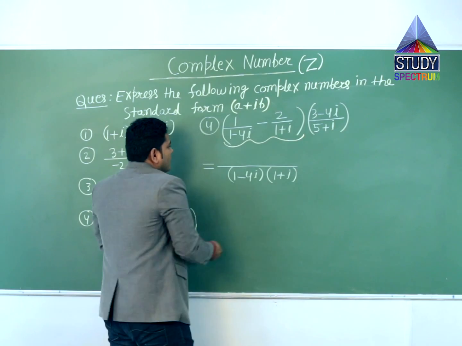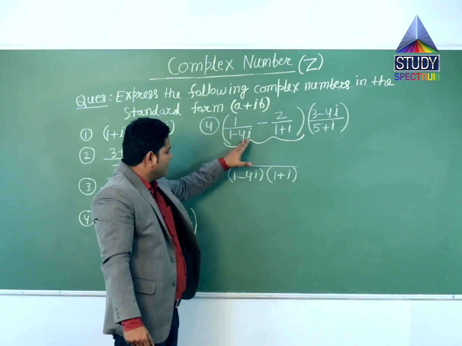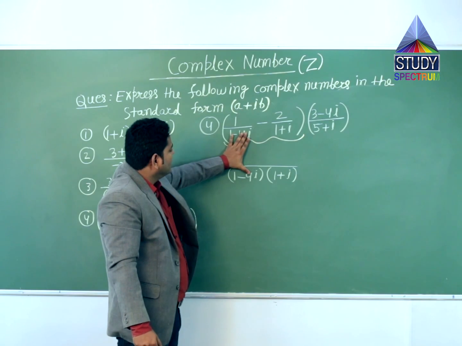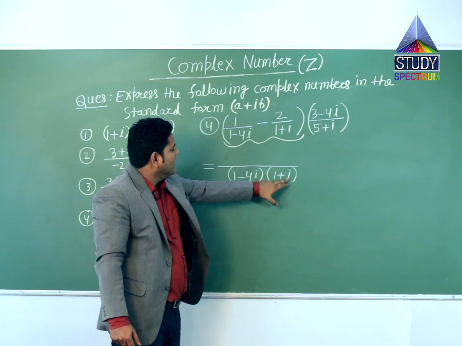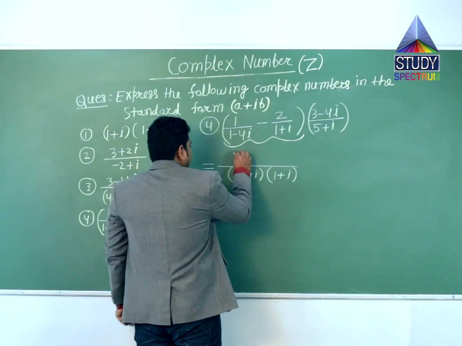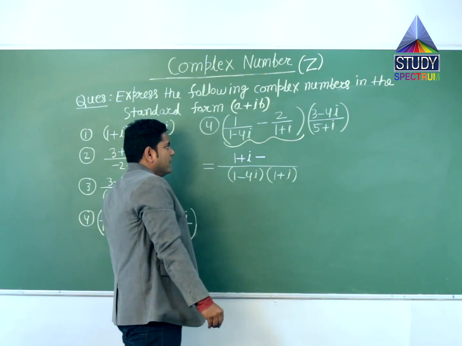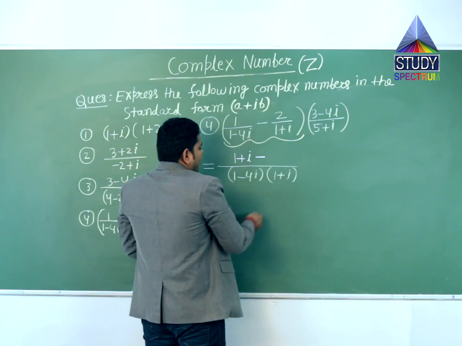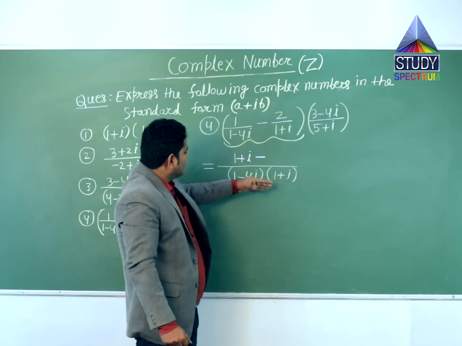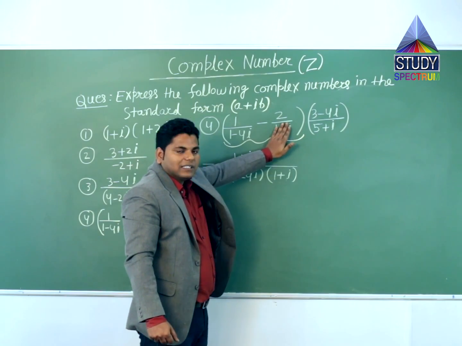Okay. So when you divide 1 minus 4i into 1 plus i by 1 minus 4i, this and this will be cancelled out, and you are left with 1 plus i, and 1 plus i into 1 is 1 plus i. Minus is there. Okay. When you divide this LCM by 1 plus i, 1 plus i will be cancelled out.